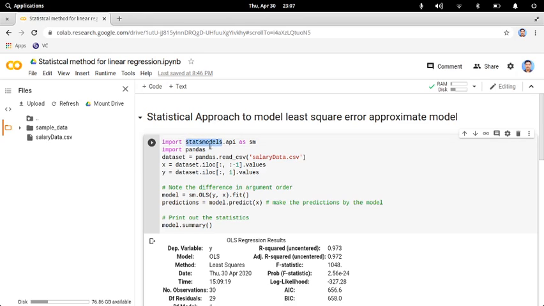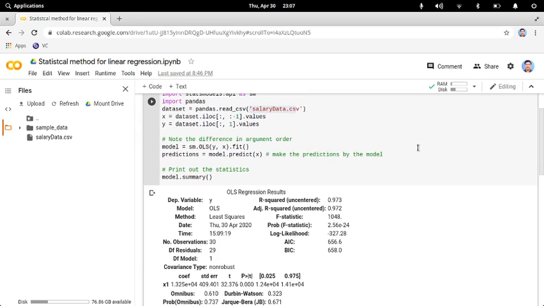From statsmodels.api, import statsmodels, and pandas. Using pandas read_csv, you open the data set salary_data.csv. In the salary data also you have only two columns. The first column is taken as the X value and the second column is taken as the Y value.